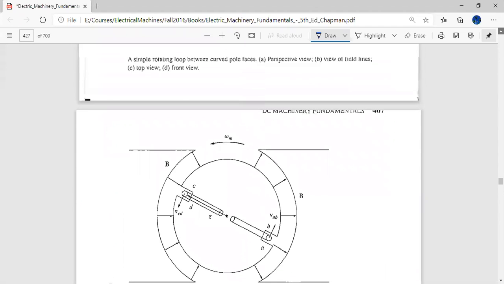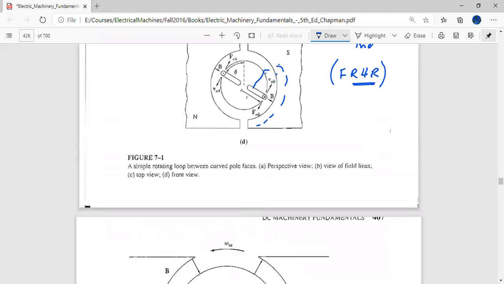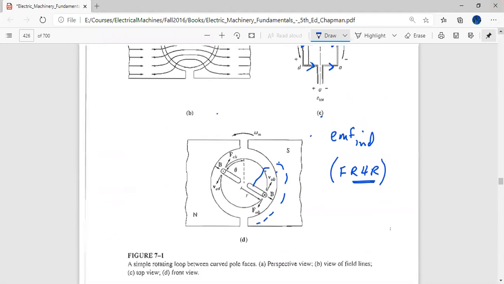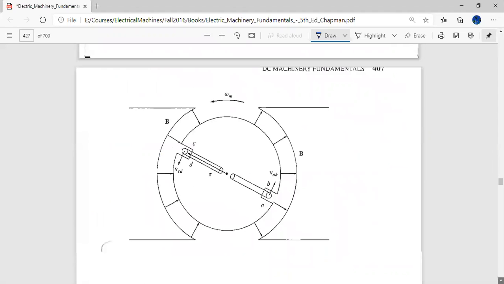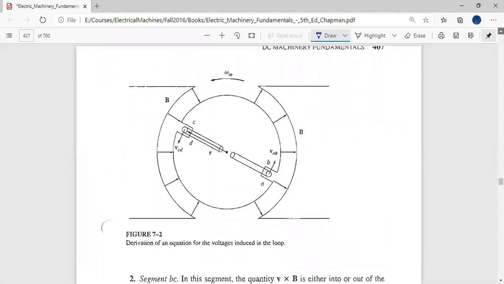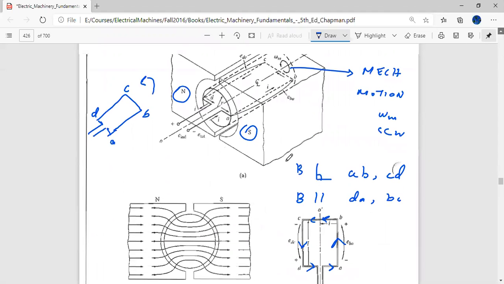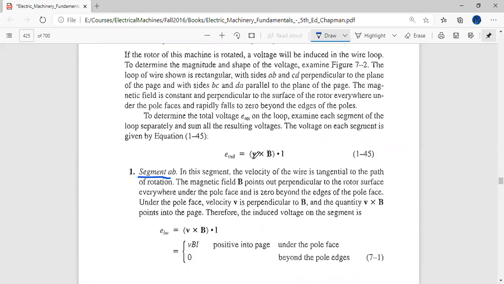Okay. So now again, we look at the first side AB, before we do all of the sides in turn one by one. So let's look at the first side, segment AB. In segment AB, we know the formula is V cross B. Now we want to find the direction of V cross B. We already know that there will be some induced EMF because all of these vectors are mutually perpendicular.